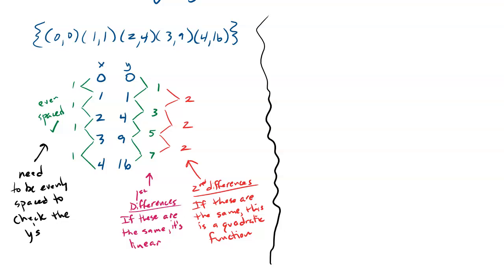Okay, now you're not always just going to have numbers. Sometimes you're going to have equations. So a quadratic equation can be written like this.